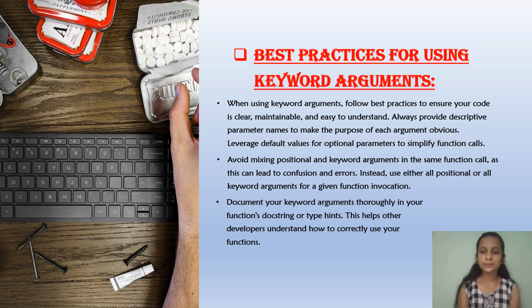Avoid mixing both positional and keyword arguments in the same function call, as this can lead to some confusion and errors. Instead, use either all positional or all keyword arguments for a given function invocation. Document your keyword arguments thoroughly in your function's docstring or type hints. This helps other developers understand how to correctly use the functions.